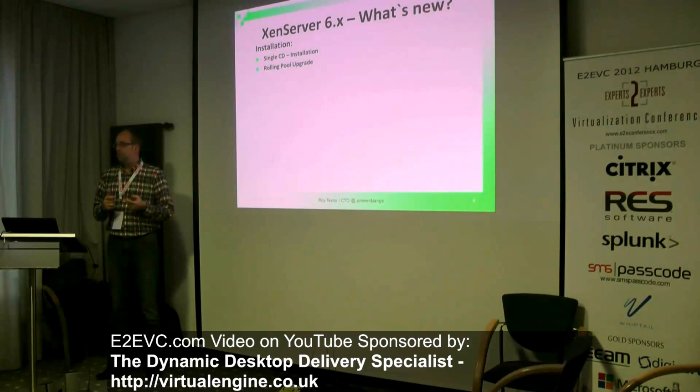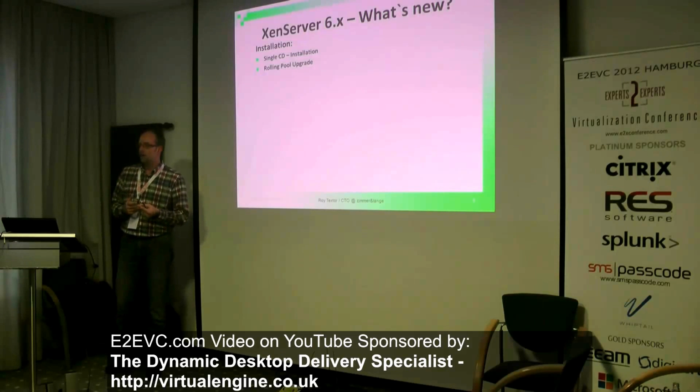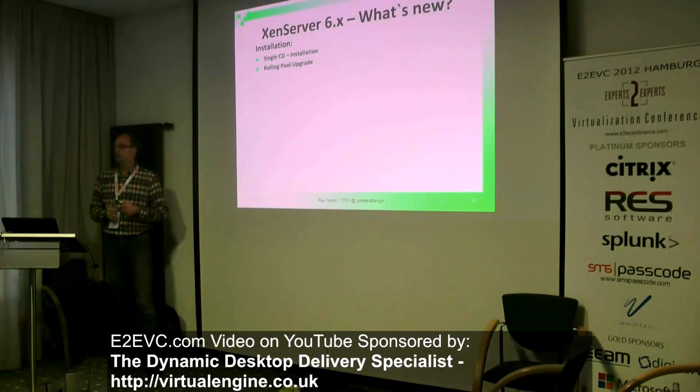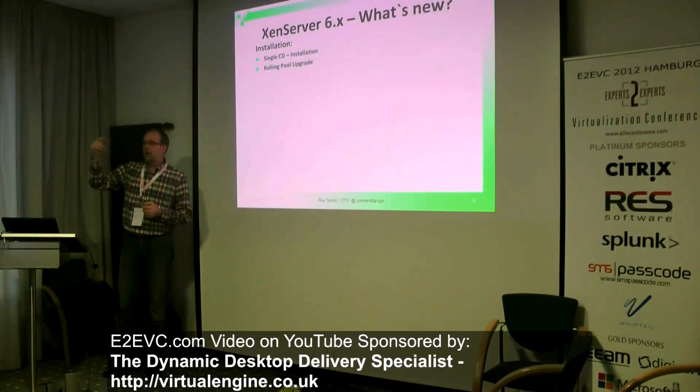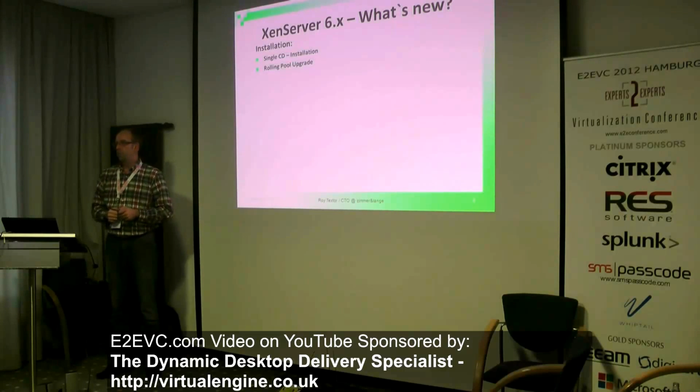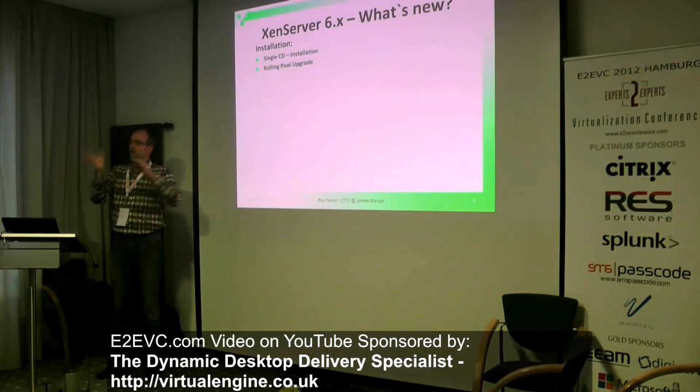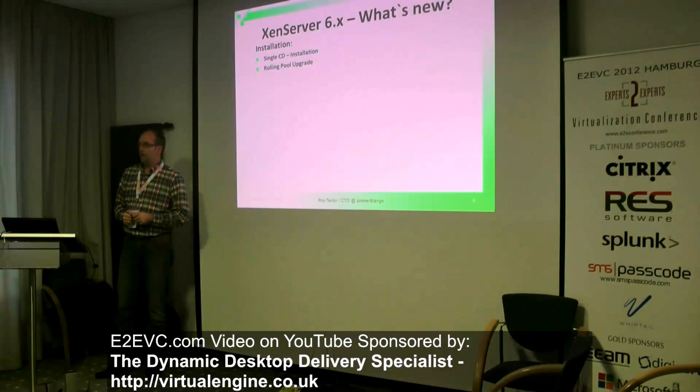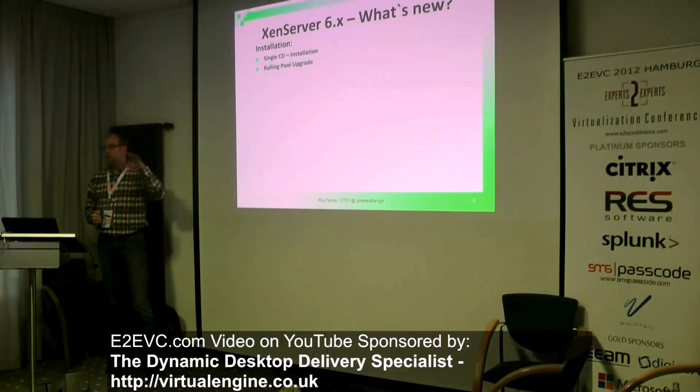This can be an HTTP, FTP or NFS store, and you point your XenCenter to this store and say, okay, upgrade my pool. The rolling pool upgrade migrates all your VMs to other hosts in the pool, upgrades your master server first, reboots it, migrates the VMs back to the master server, and then continues with the second one. And it really works.